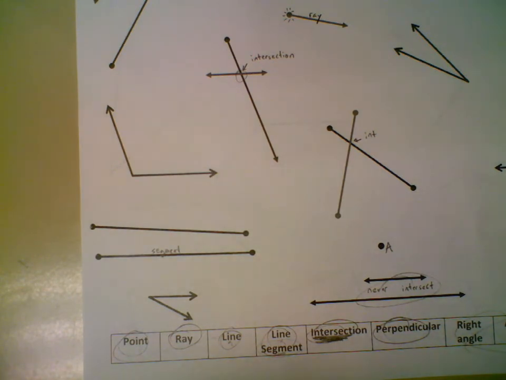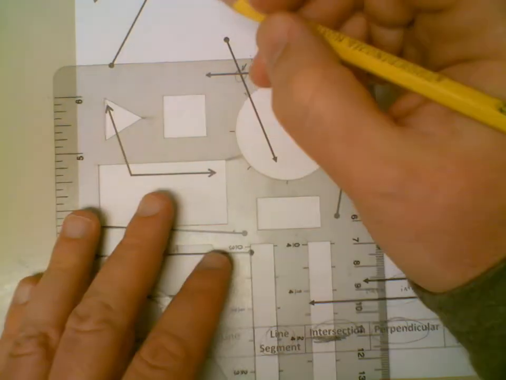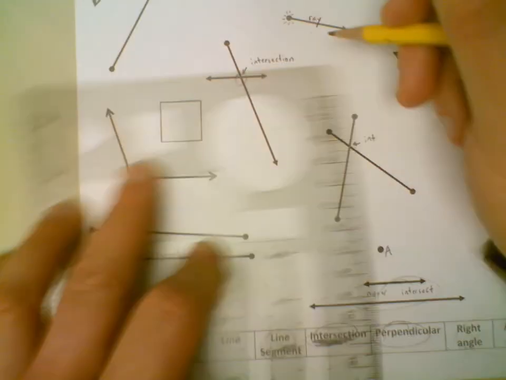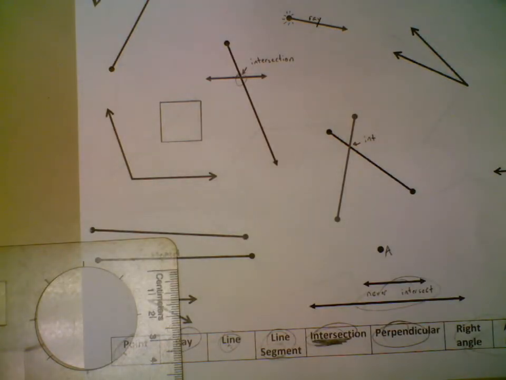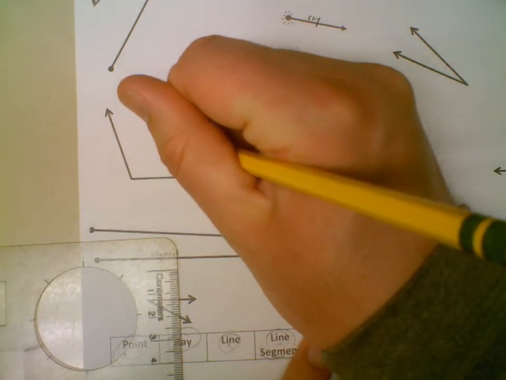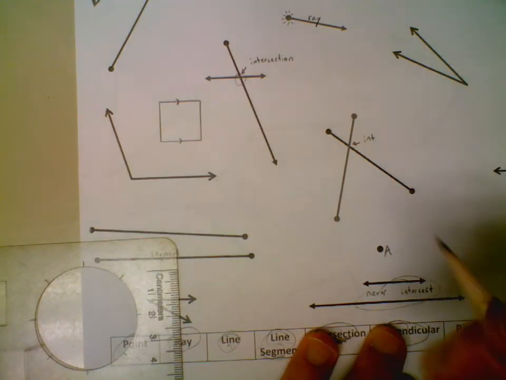But think about a square. Think about a lot of different shapes out there. Let me just draw a quick square for you. Does a square have any parallel sides? Yeah, it actually has. This one runs this direction, and this one runs the same direction. They have to stay the same distance apart in order to be a square.